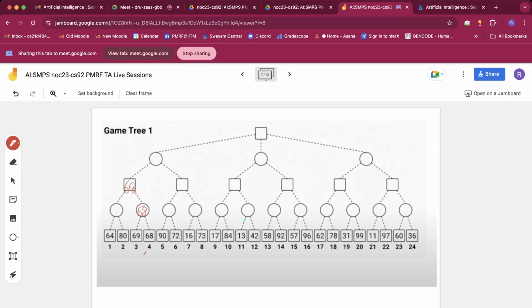So this has also been solved, and since this has been solved, this will also get a value of 68, right?